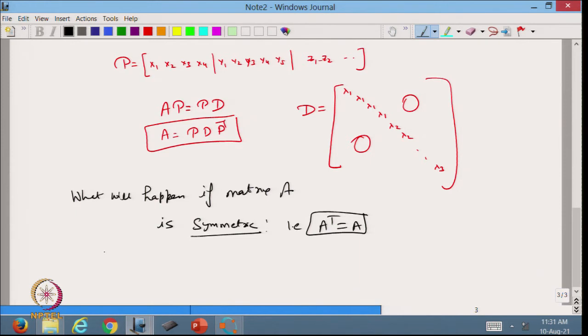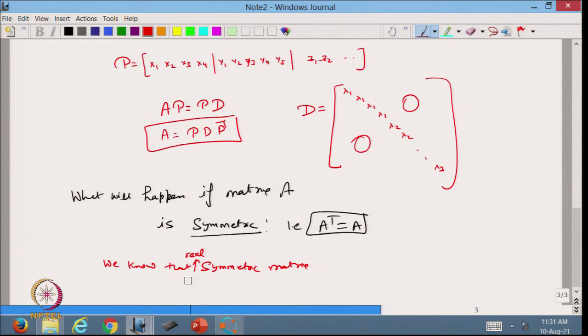Now, we know that a symmetric matrix, I am talking about symmetric. When I say symmetric means it is real, because otherwise it will become the Hermitian matrix when it is complex.